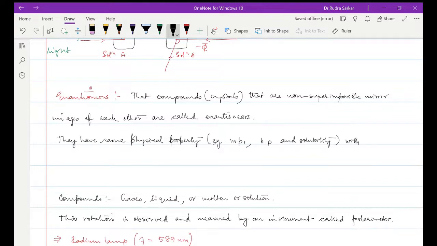With only one exception, that they rotate the plane polarized light in opposite directions.